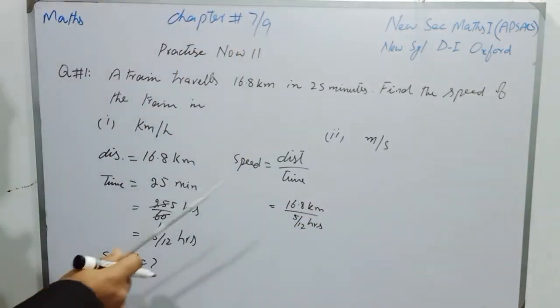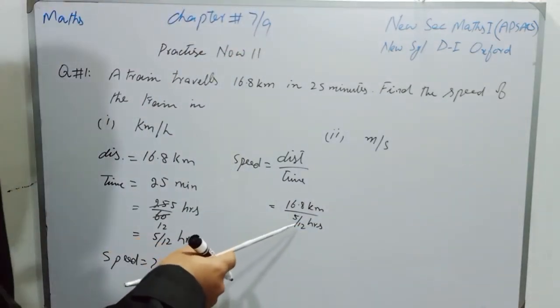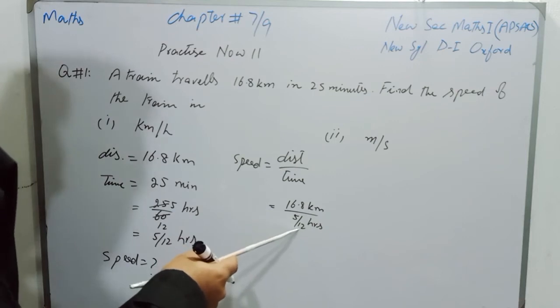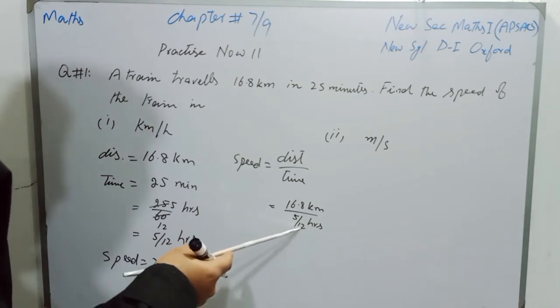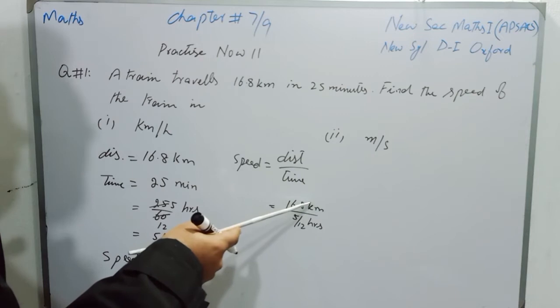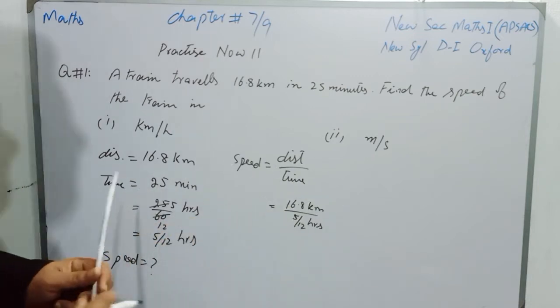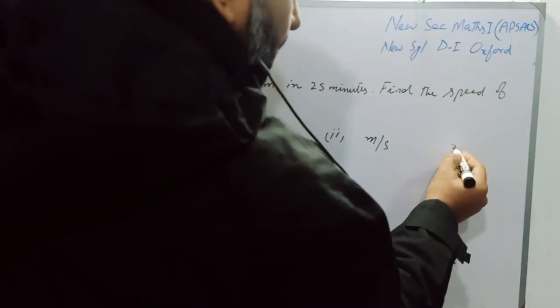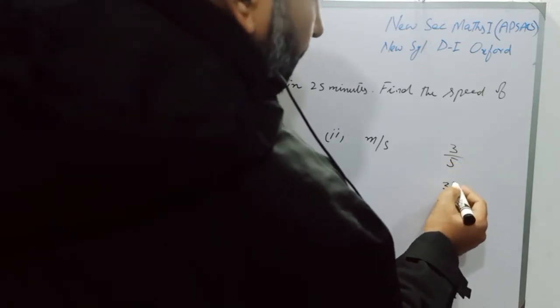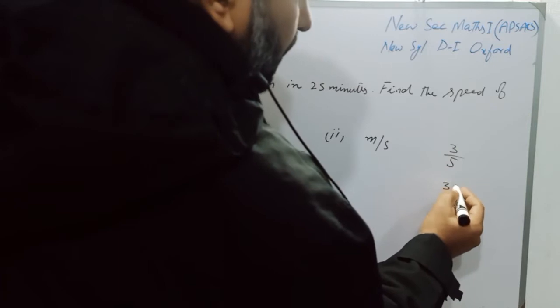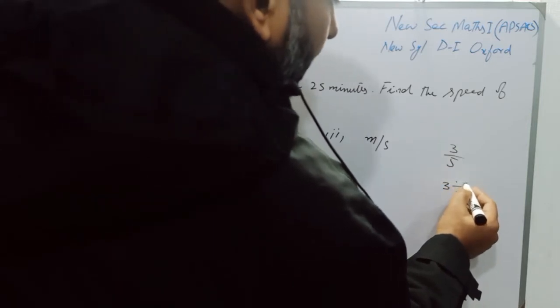Keep in mind that if there is a denominator in the denominator, then that denominator will be converted into numerator. Suppose it is written as 3 over 5 in the denominator, so we can write it as 3 divided by 5.